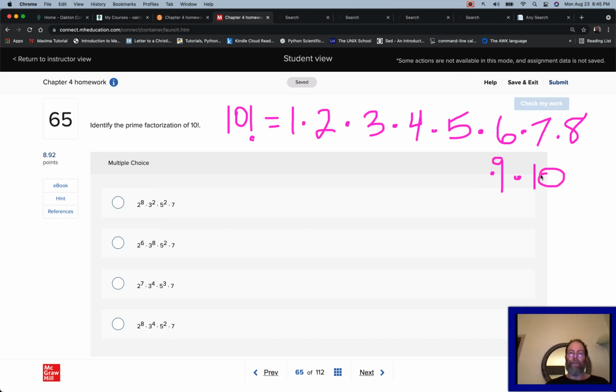That's a pretty big number. Okay, that's the definition of 10 factorial.